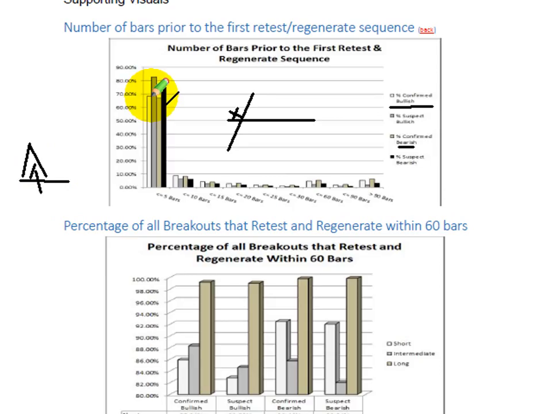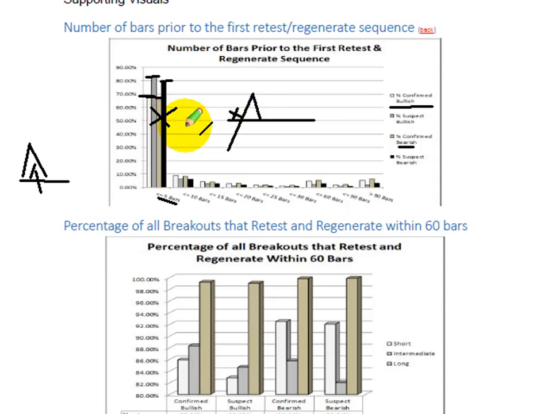68% of the time on the confirmed breakout, it comes back within 6 bars. Or actually, in this case, it's 5 bars the way I had it set up. If you do it here, it's about 82%. And similar numbers on the bearish side, almost the same on the suspect and the confirmed, and a little bit less on the suspect. So the idea is that you are going to see a retrace in most cases. Not all, but in most.